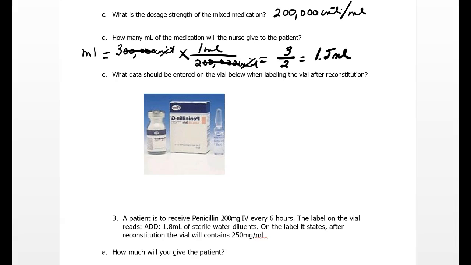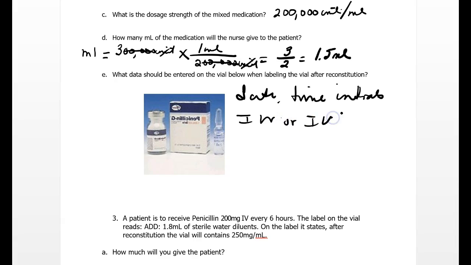So I know I'm going to have some left over, so what data should be entered on the vial after reconstituting it if I can use it again? First of all, I need the date, time, my initials, if it's for IM or IV use, and what else?